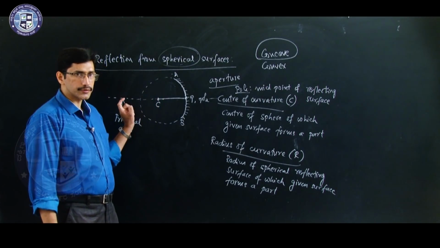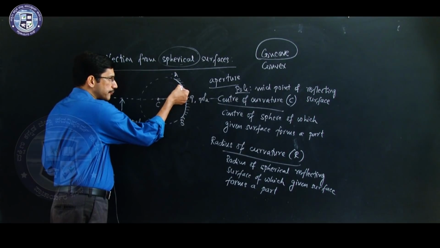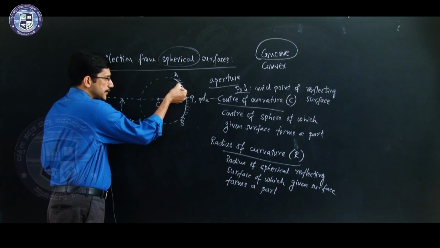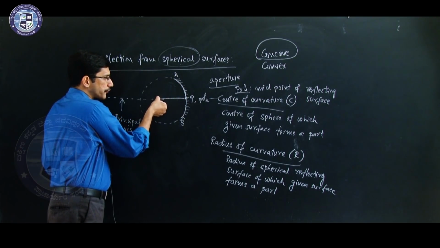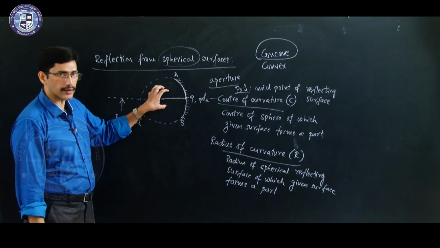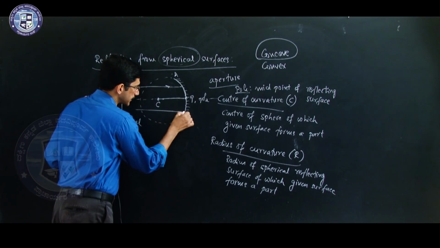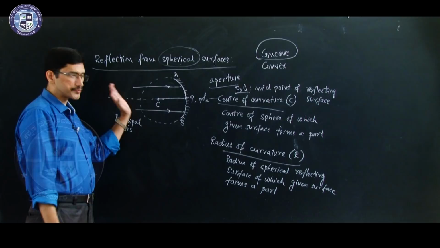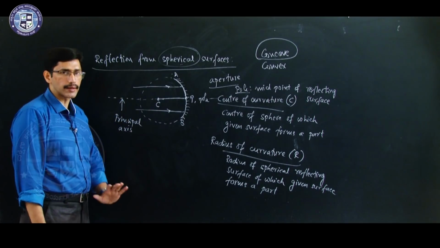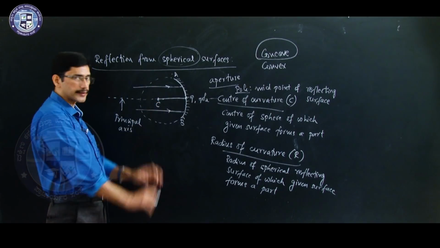You can also observe that the reflection takes place in such a way that the incident ray comes from a given object. Say the object is at a very large distance, then you will get parallel rays.